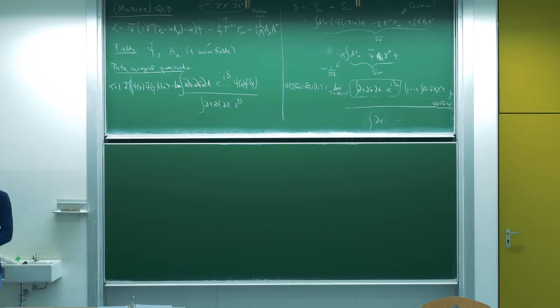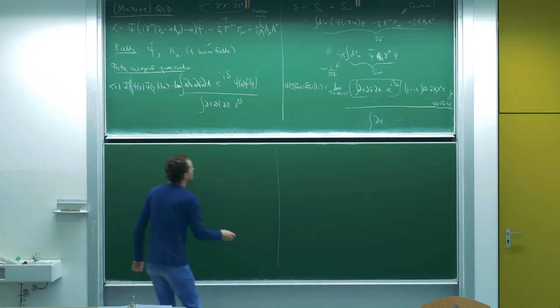Good. So this is an infinite series of correlation functions for Gaussian functions, or endpoint functions for Gaussian.